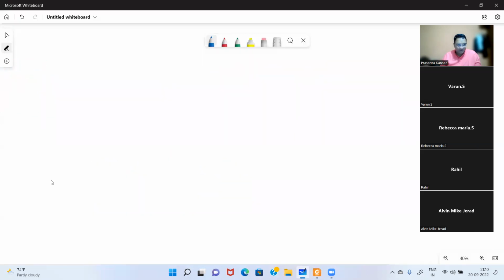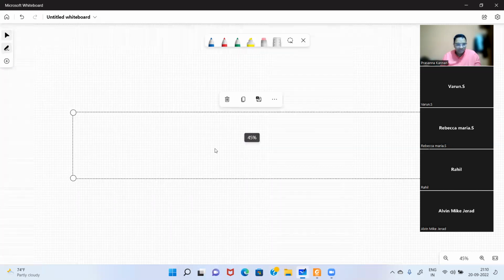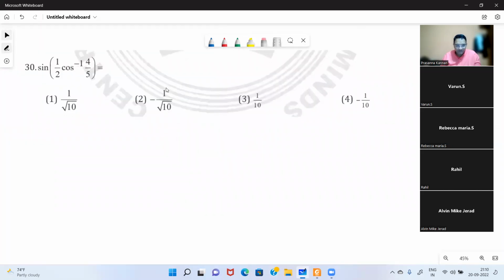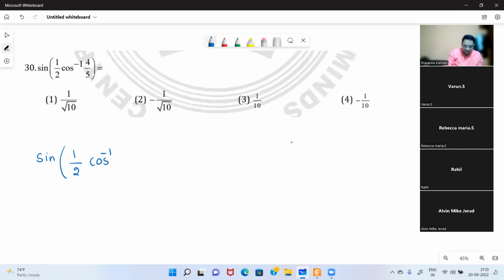Question number 30. Let's proceed to question number 30. This is also an important type of question, even for your PU. Now you are given sine of half cos inverse 4 by 5. Correct?